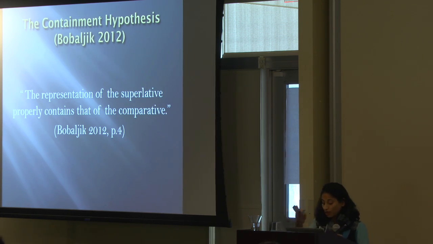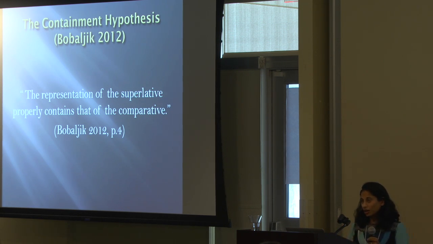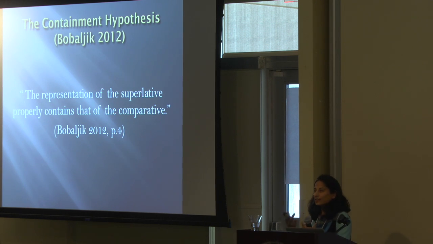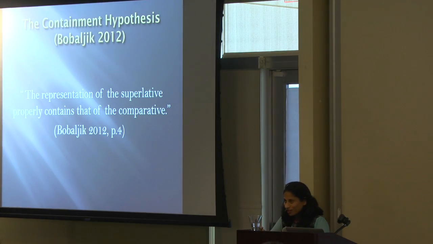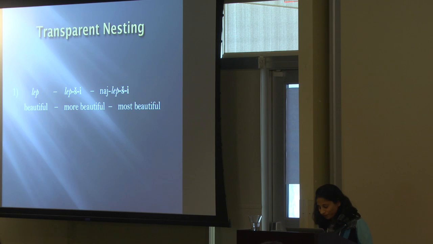That is to say, the representation of the superlative, something like worst, right? The superlative form properly contains that of the comparative. So that is to say, the word worse is contained inside the word worst. Does that make sense? The word greener is contained inside the word greenest. And that is the containment hypothesis.